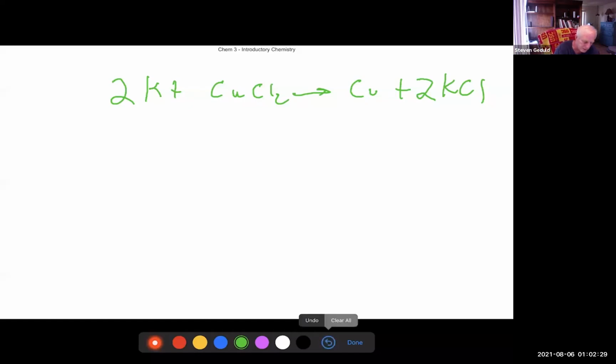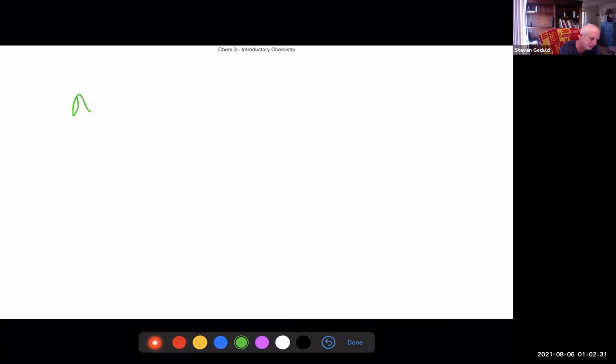And let's do another one. Let's do sodium, mix them up here. Na3PO4, sodium phosphate, reacts with barium chloride to give you sodium chloride and barium phosphate.